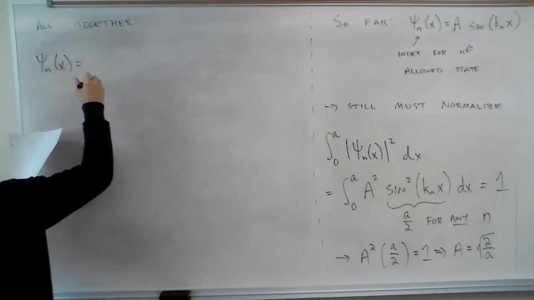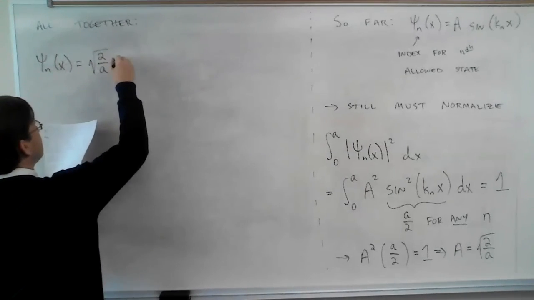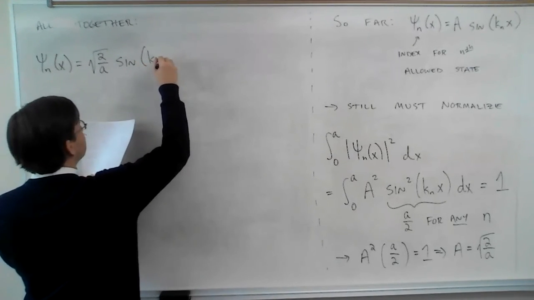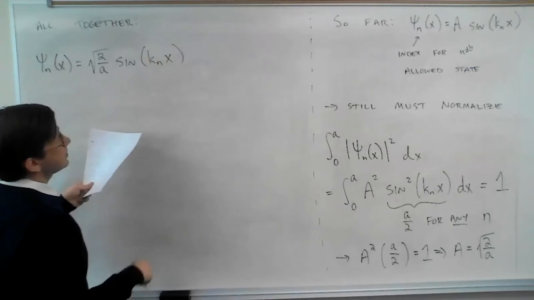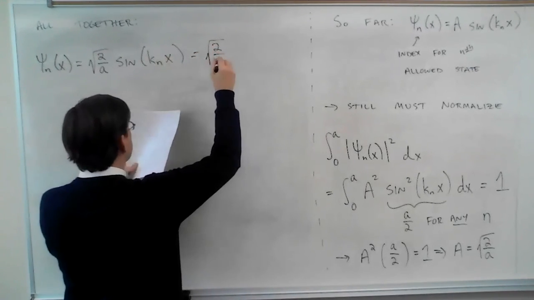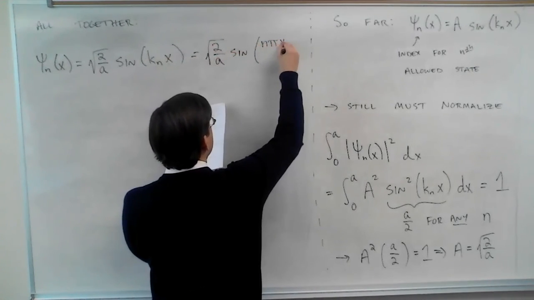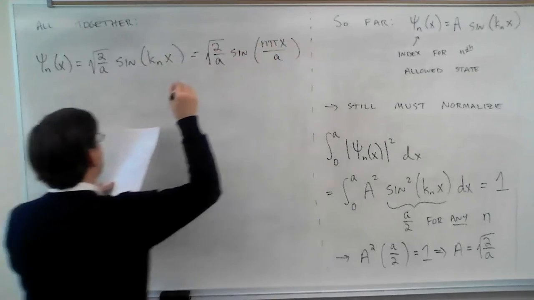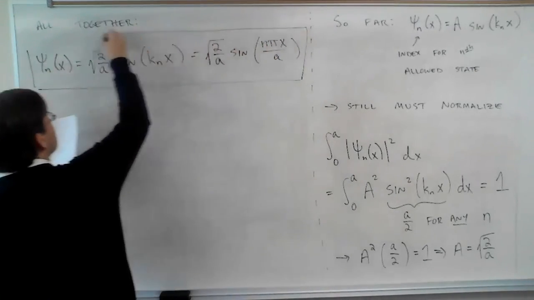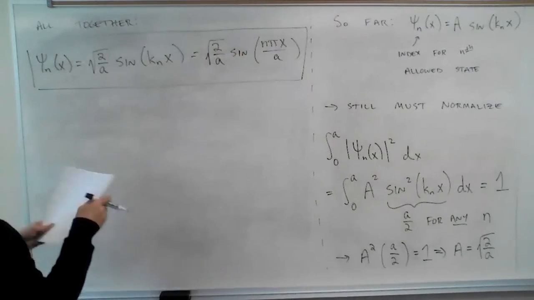Psi sub n of x is equal to the square root of 2 over a times the sine of k sub n x. Okay, and that's equal to the square root of 2 over a times the sine of n pi x over a. So those are our wave function solutions for an infinite square well.